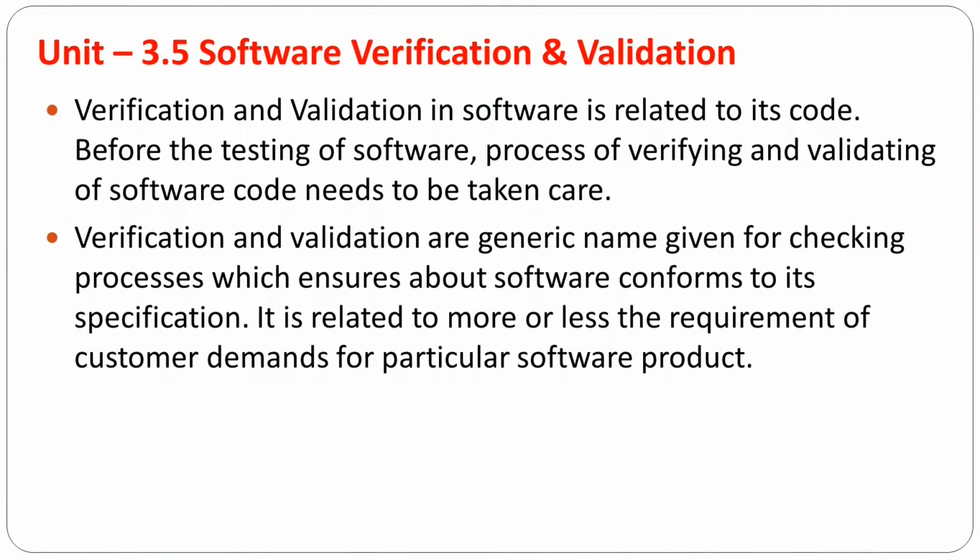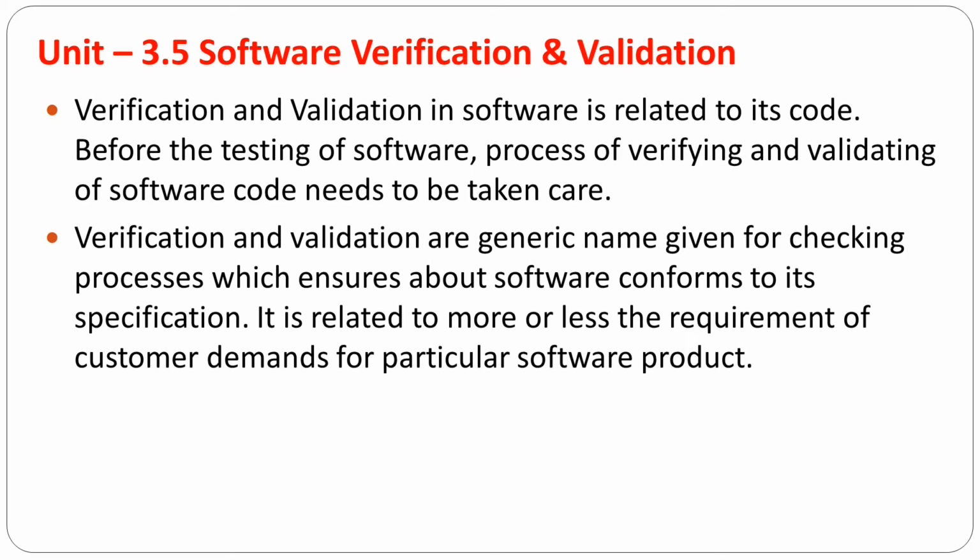Verification and validation are the generic name given for checking processes which ensure that software conforms to its specification. Whatever specifications my customers would have given, whether my software is meeting all those specifications or not, comes under verification and validation.